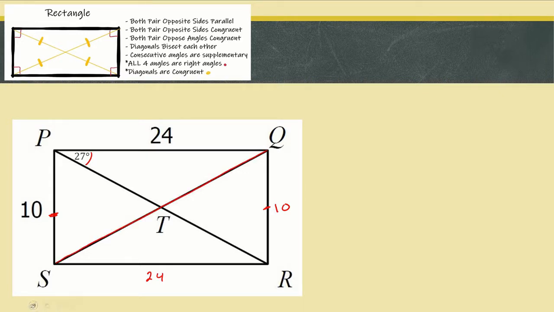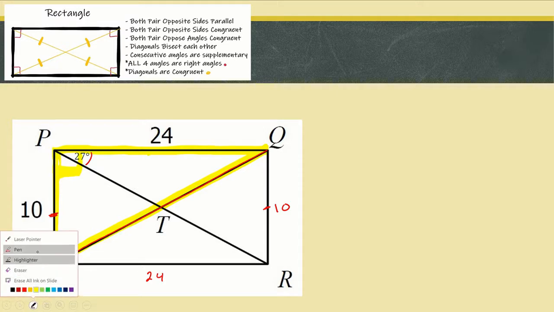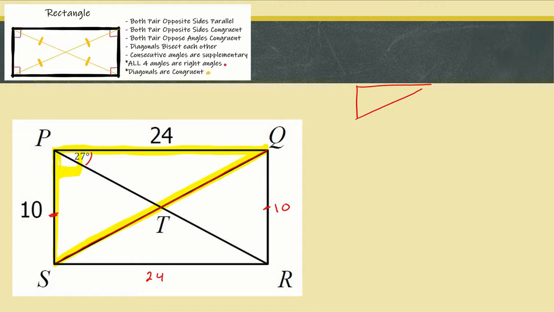Okay, and the way we do that is a little bit trickier to see, but we take a little step back and see that we have a right triangle there. And that's important because on a right triangle, we have a right angle. And so I'm going to redraw that triangle on the side here so we can see it a little bit better. But really, this is the right triangle that we're looking at, right? With this side being 24, this side being 10.